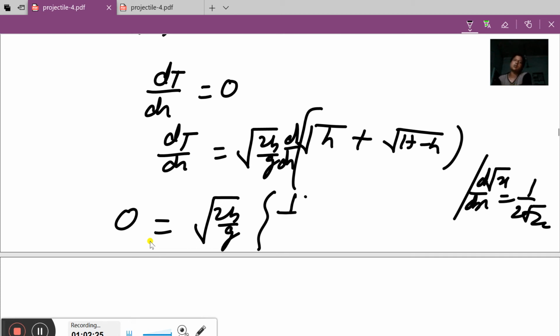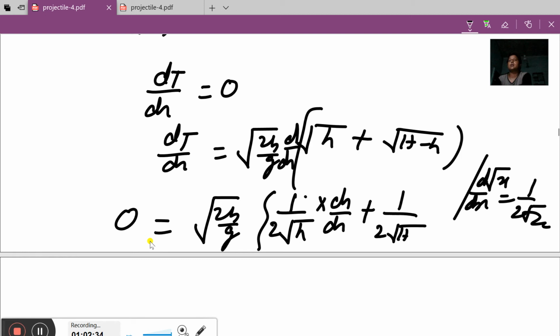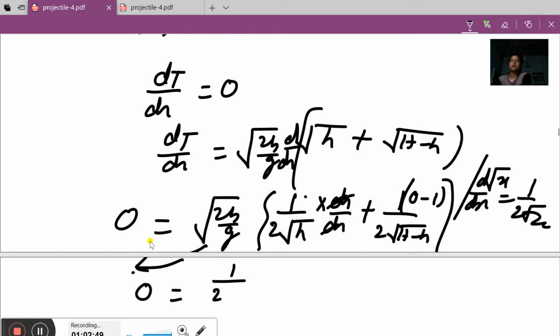So root h gives 1 by 2 root h, and h is dh over dh, plus root x gives 1 by 2 root x, and differentiation inside is 0 minus 1. So it comes out to be 0 equals 1 by 2 under root h minus 1 by 2 under root H minus h.